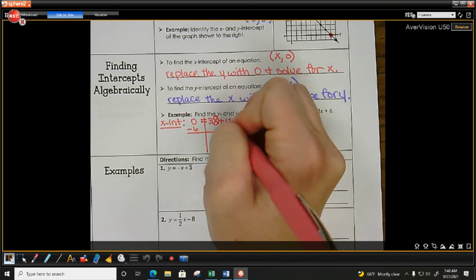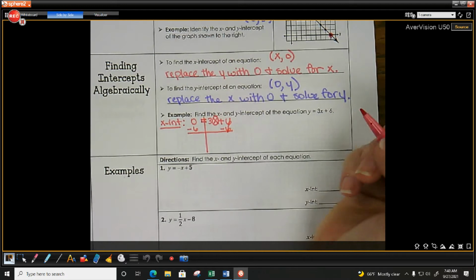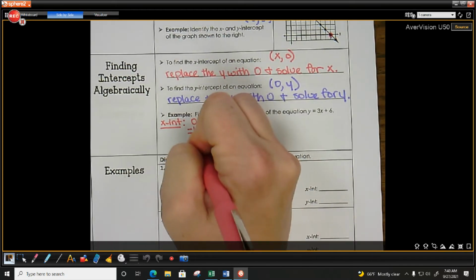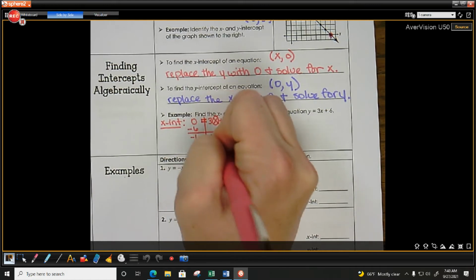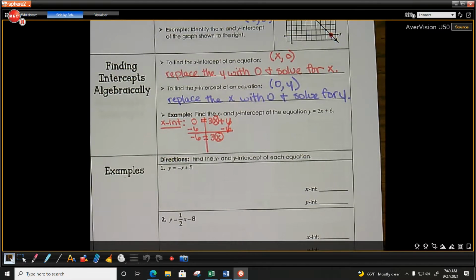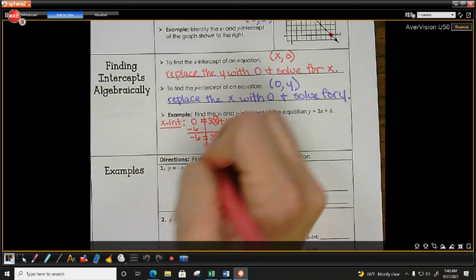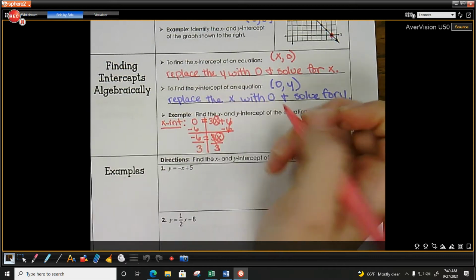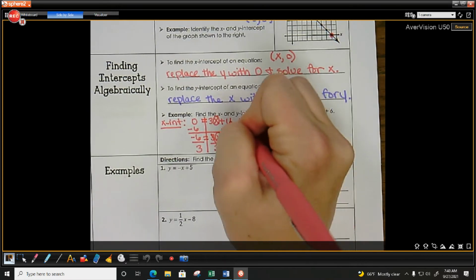The 6 minus 6 goes away. What's 0 minus 6? Negative 6. Very good. So negative 6 equals 3x. Keep your x circled. What do I do next? Divide both sides by 3. So I get x equals what?